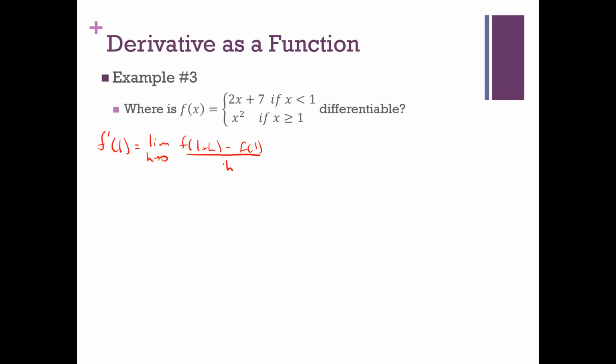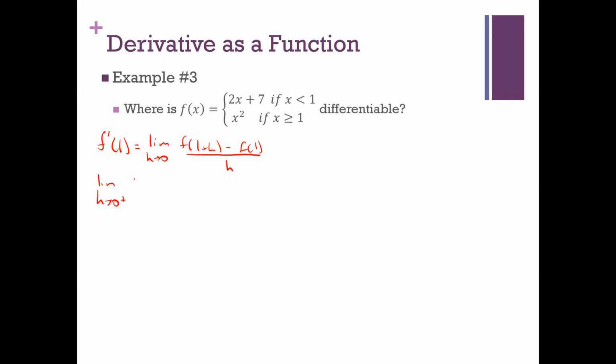What's the problem with trying to look at this limit though, the way I've written it? h could be negative, right? It could be positive. And depending on what side of 1 I'm on, that's going to really change how that function looks. So I really should look at both these limits one at a time.